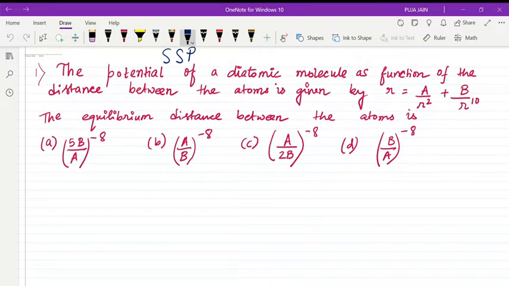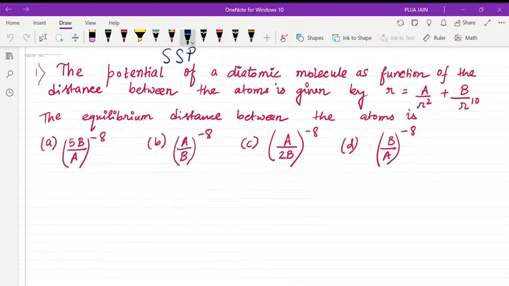So the first question is: the potential of a diatomic molecule as a function of the distance between the atoms is given by V(r) equals a by r square plus b by r to the power 10. They have asked you what is the equilibrium distance between the atoms.